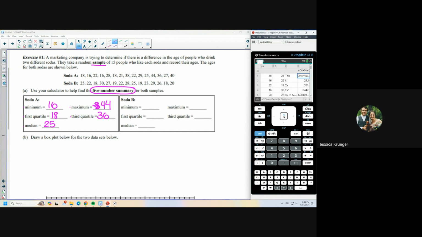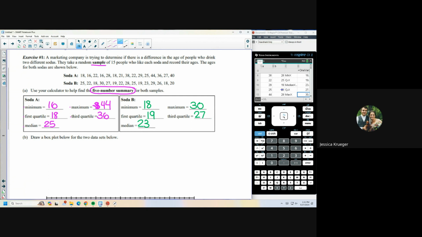OK. And here they are. Okay, so my minimum for soda B is 18. Quartile 1 is 19. That's already interesting. They're close together. Median is 23. Maximum is 30. Third quartile is 27.